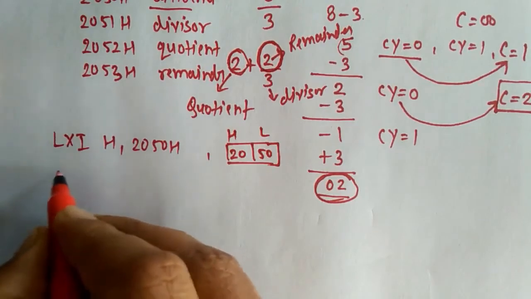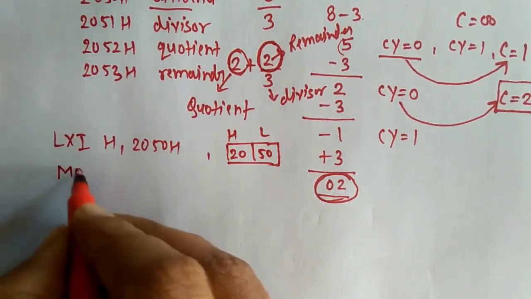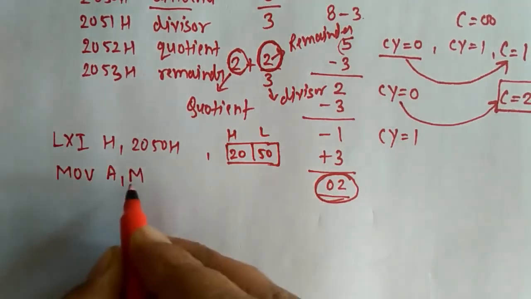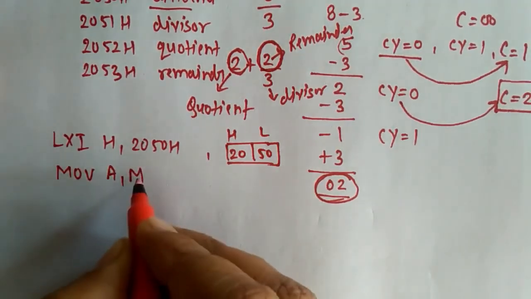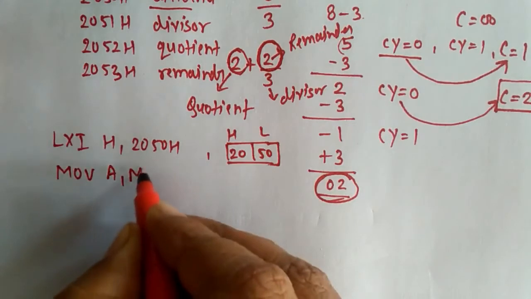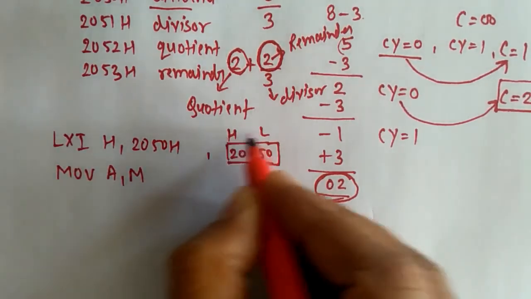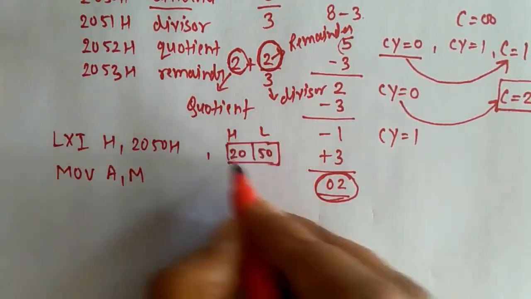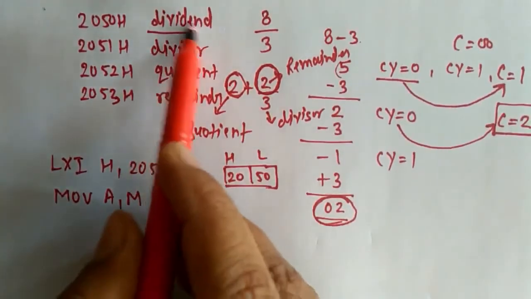After that we are going to store the dividend in the accumulator, so we are going to write MOV A, M. This instruction means the content of memory, and remember that the memory address is given in the HL register pair. So that means the content from 2050H, that means the dividend.